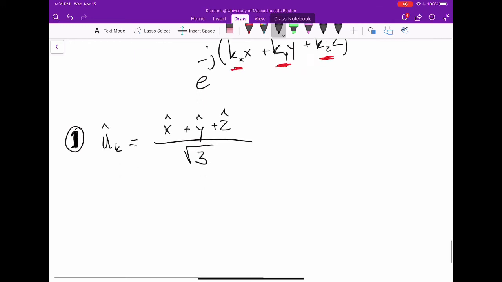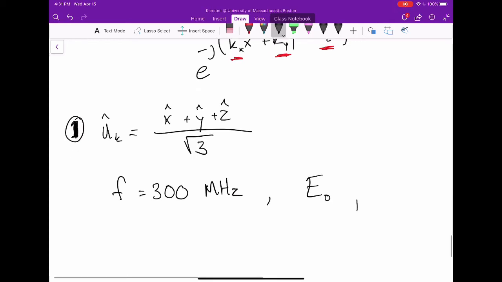Now, I've got a frequency of 300 megahertz. The electric field amplitude is E naught, and the wave is propagating in air, so that's epsilon naught and mu naught. No material parameters really to worry about here.